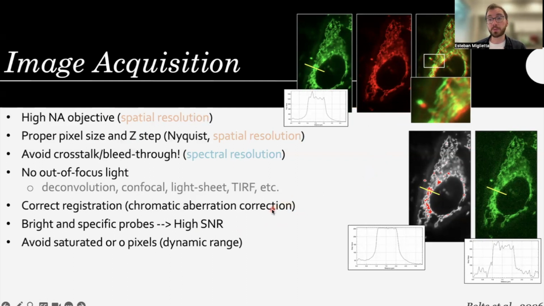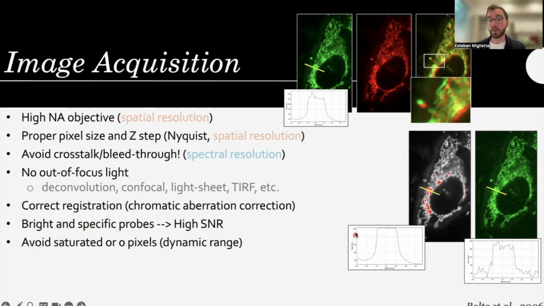Also, ideally you need bright and specific probes. That is, if you have a fluorescent signal, be it a fluorescent protein or an antibody label, you need it to be bright with respect to the background. So you want a high signal-to-noise ratio, and you also need to avoid at all costs saturated pixels.